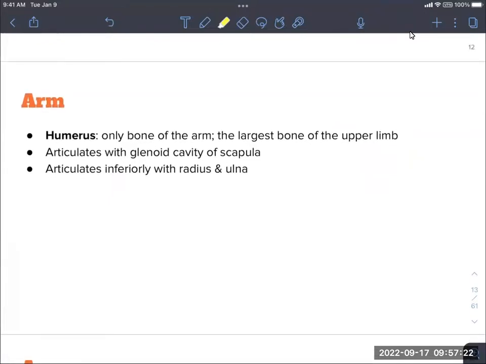We have technically 2 humerus bones, one on each side. It is the largest bone in the upper limb, or your arm. That humerus articulates with the glenoid cavity of that scapula. It's pretty important. And at the distal portion of the humerus, it articulates with the radius and the ulna.